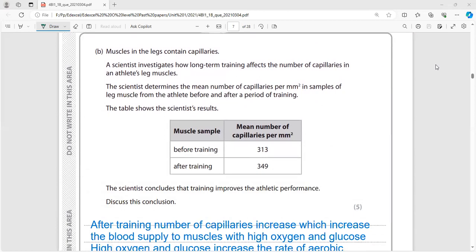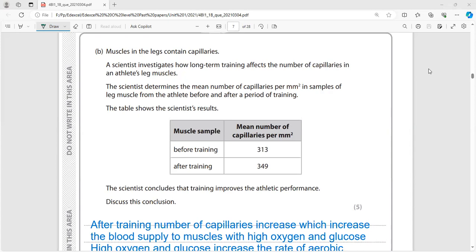Muscles in the leg contain capillaries. The scientist investigates how long-term training affects the number of capillaries in athletes' leg muscles. Scientists determined the mean number of capillaries per millimeter squared in samples of leg muscle from the athletes before and after a period of training.